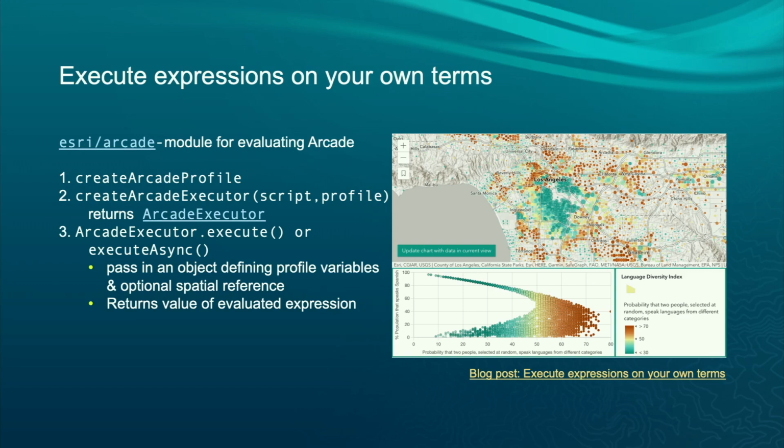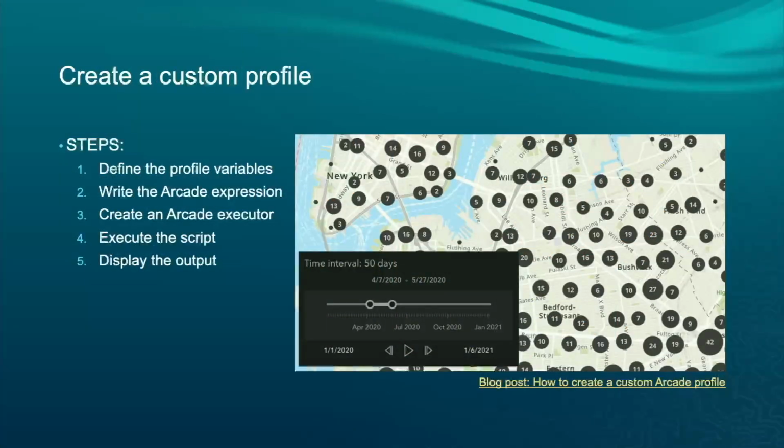There's a lot of different opportunities to use this Arcade API. I'll go through just a few of these examples really briefly. Oh my gosh, that's really zoomed in. Okay, so this is just a simple example where we have this web map that's been written with an Arcade expression.